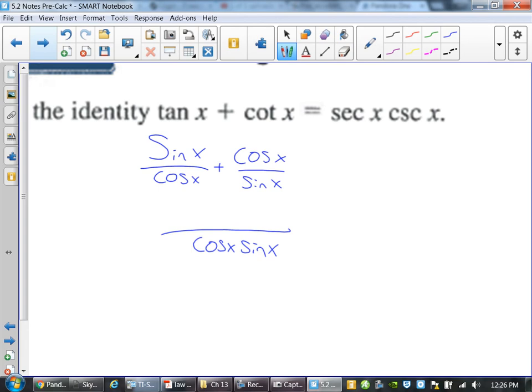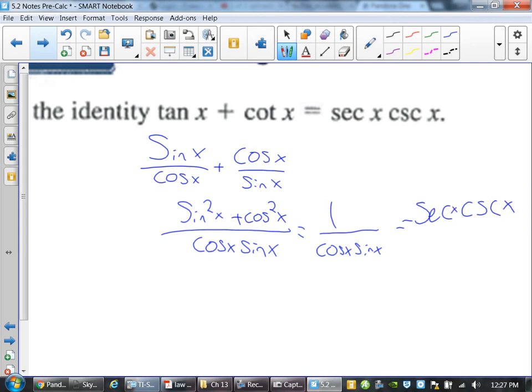Fraction on the left needs a sine. Fraction on the right needs a cosine. And what do you get? 1. And what's 1 over cosine sine? You just flip them around.